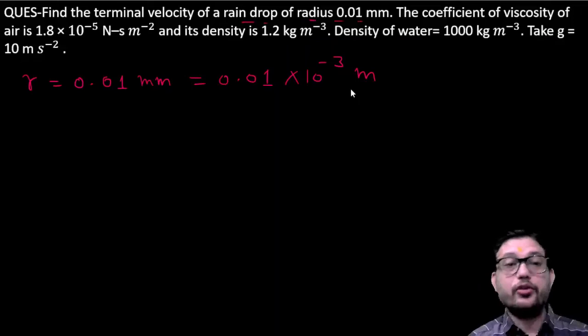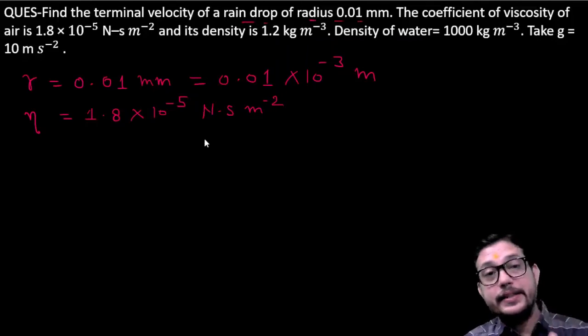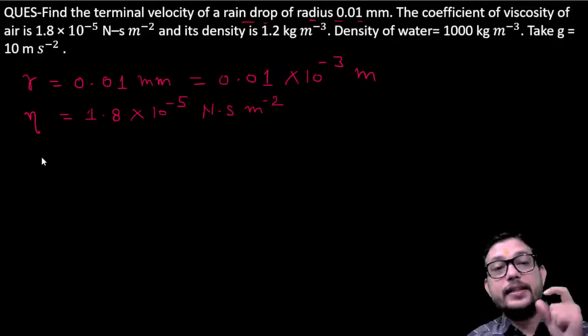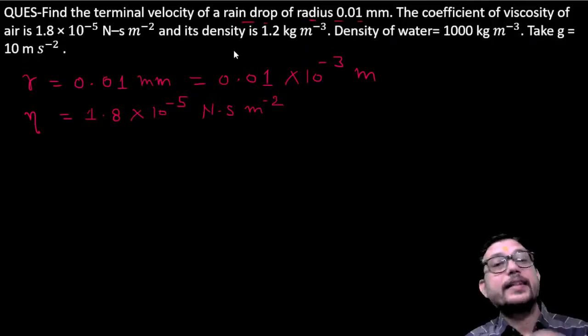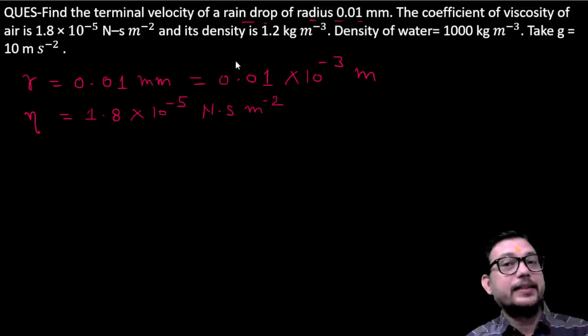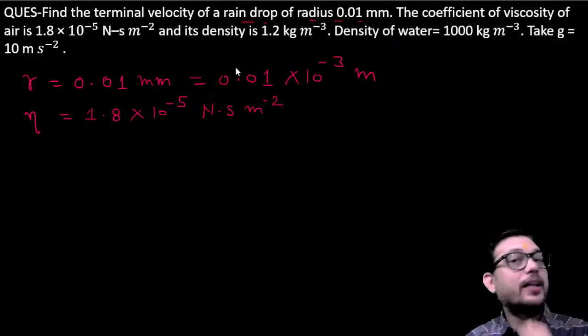Now the coefficient of viscosity of air is also given to you. So eta will be 1.8 into 10 to the power minus 5 Newton second meter inverse 2. Okay, density is also given. Here you can see that this density is the density of air. So air is basically the medium or the fluid, and the raindrop is basically the spherical body.